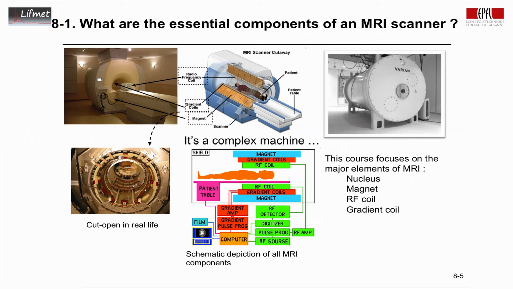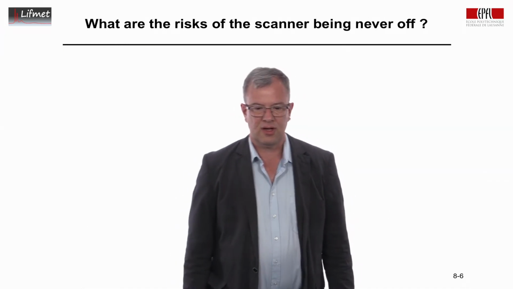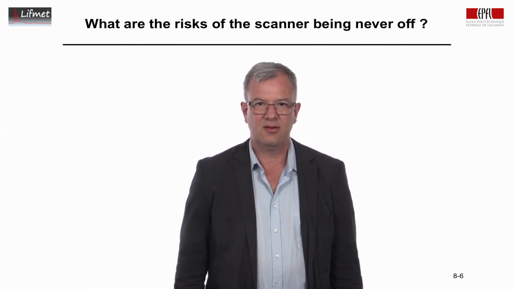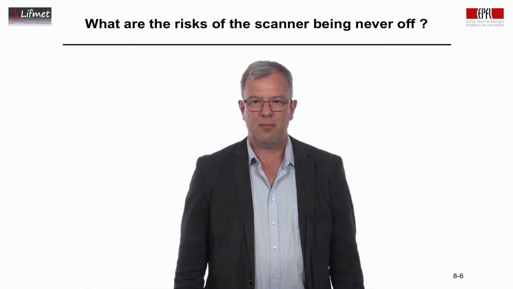Those are the elements of the scanner that we're going to focus on. All the rest, the important engineering, we will not go into much detail for the purpose of understanding the fundamentals of MRI.